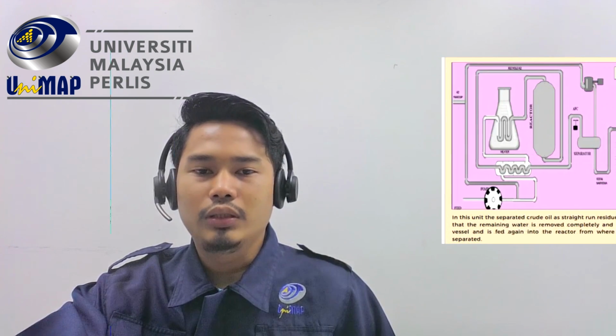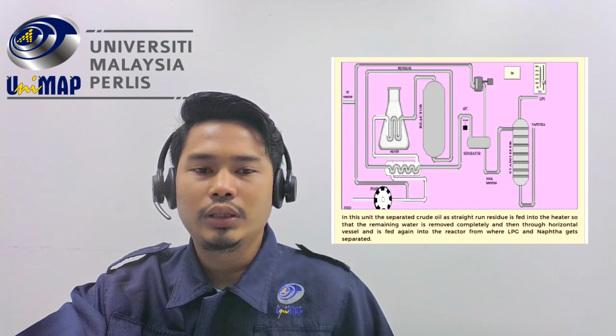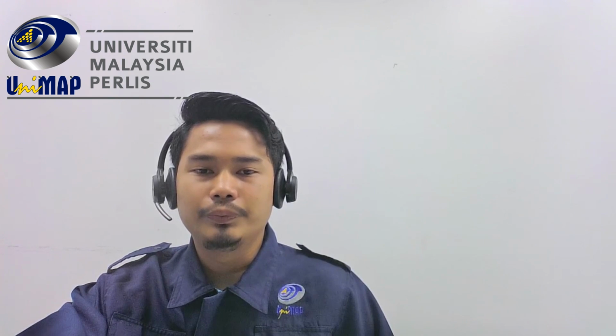In this unit, the separated crude oil or straight run residue is fed into the heater so that the remaining water is removed completely, and then run through a horizontal vessel and fed again into the reactor, from where the LPG and naphtha get separated.